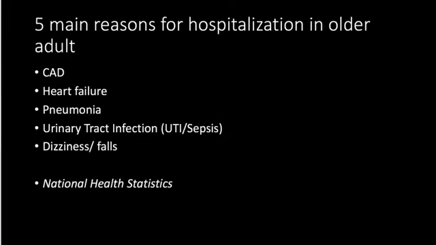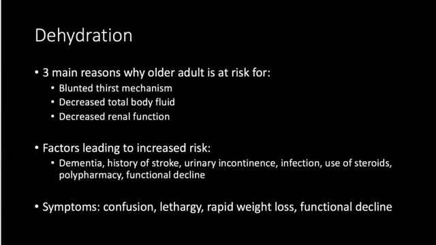Five main reasons for hospitalization in the older adult are coronary artery disease, again why you really need to stratify their risk factors, heart failure, pneumonia, urinary tract infection, sepsis, dizziness, and falls. With dehydration, there are three main reasons why older adults are at risk.